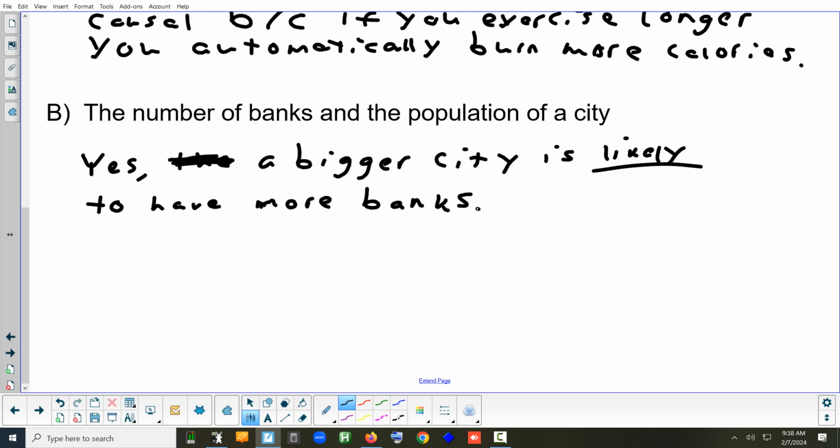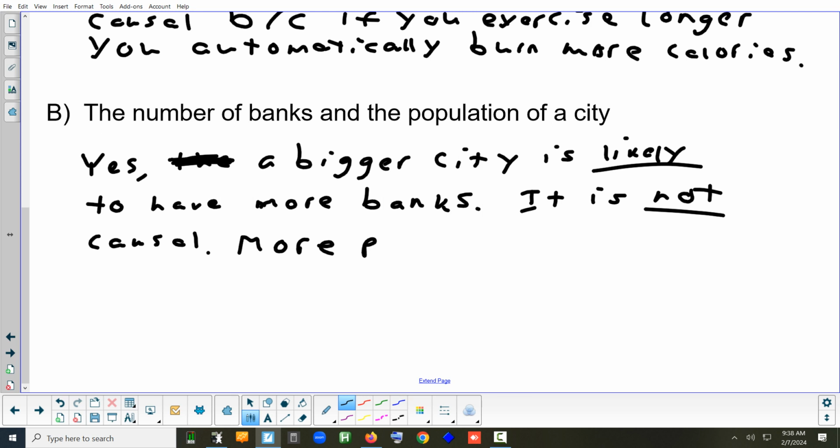But is it causal? No. Just like having more students in a school doesn't automatically mean a new teacher just pops up. It doesn't work that way. So is it causal? It is not automatic. It is not causal. More people does not automatically mean more banks.